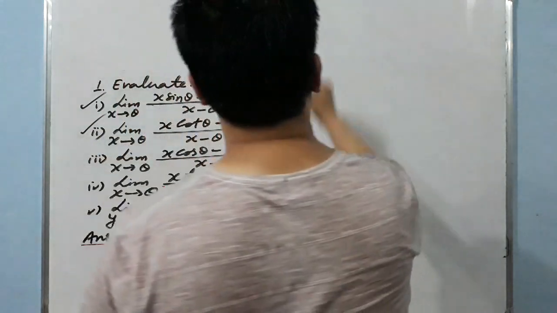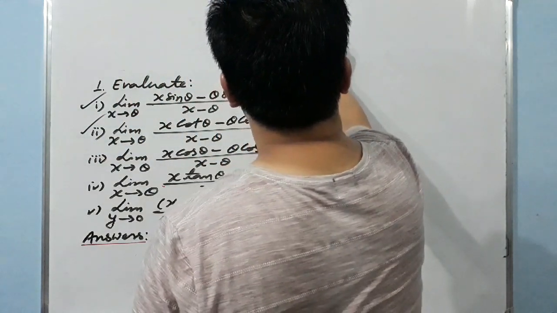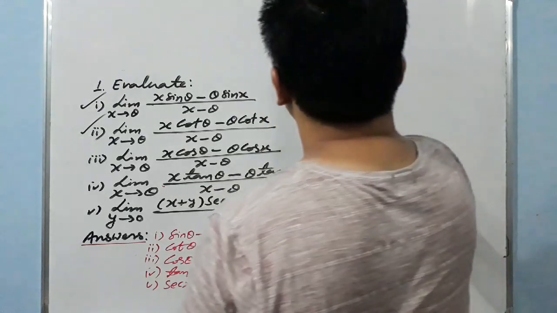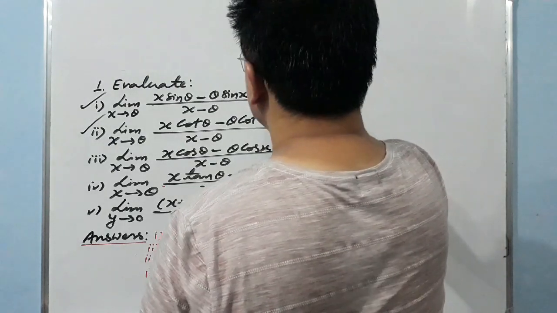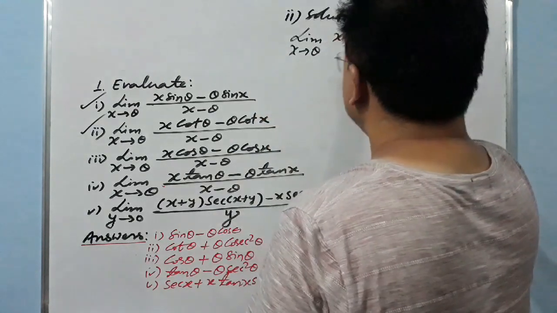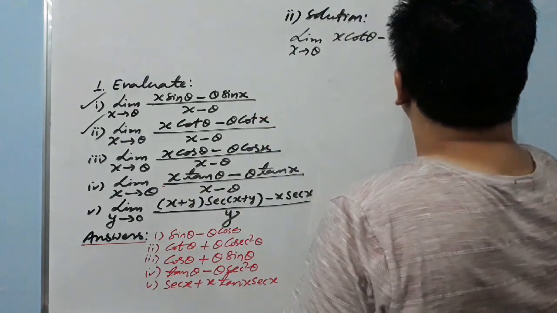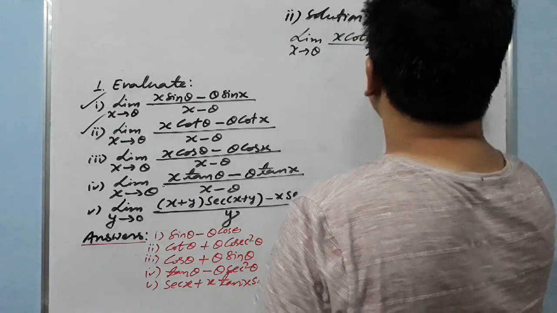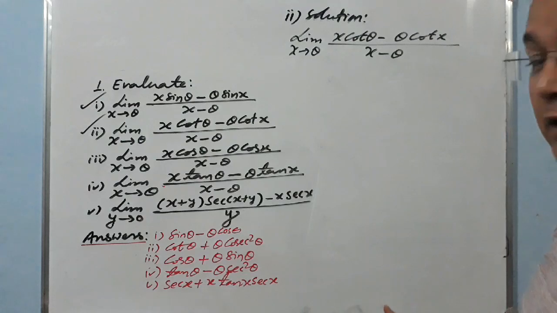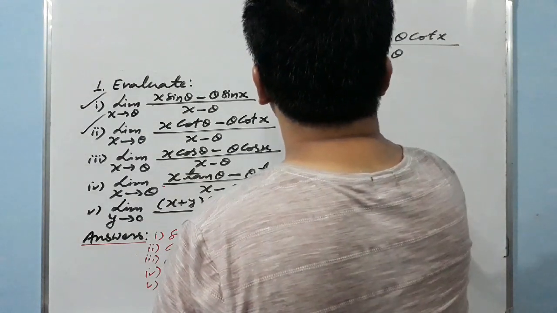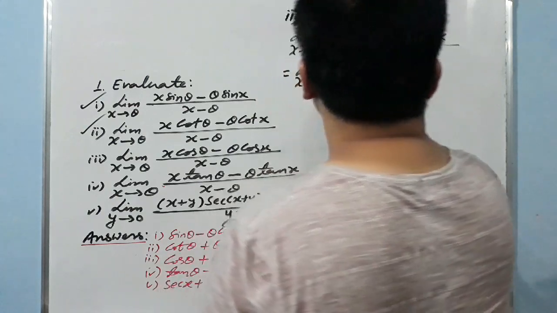Second question. Solution: limit as x tends to theta of (x cot theta minus theta cot x) over (x minus theta). Same type of question. Here also we will do the same type of arrangement as x tends to theta.